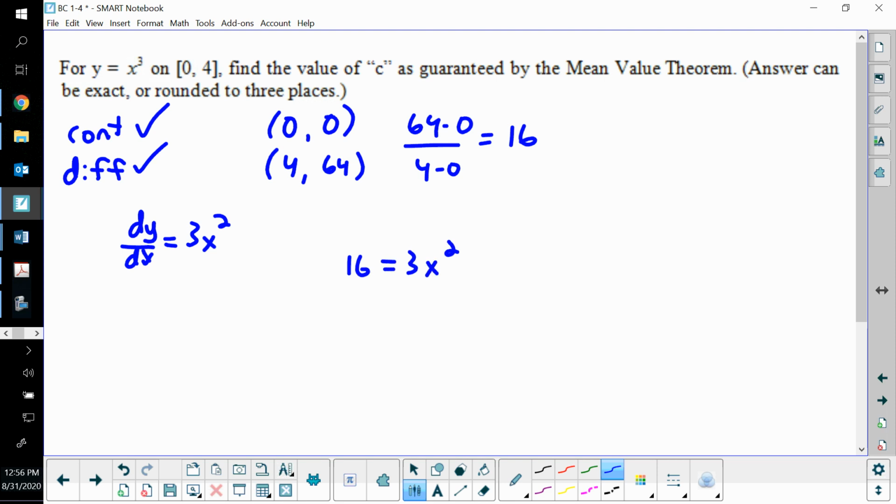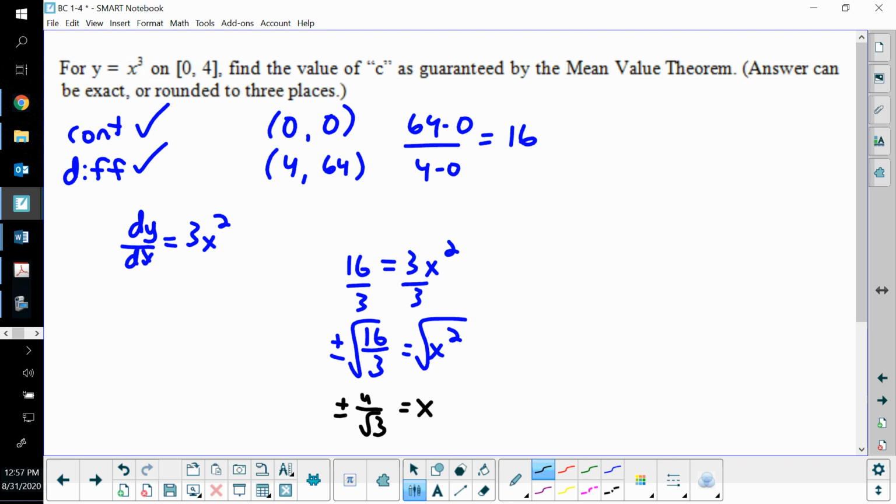The slope between the endpoints should equal the slope of the tangent line, which is the same as saying the derivative. If we divide by 3 and take our square root, we would get plus and minus 4 over radical 3, or rationalized, that would be 4 radical 3 over 3.